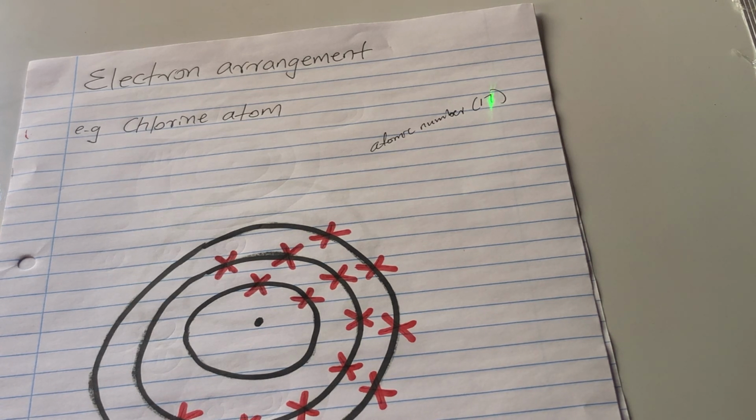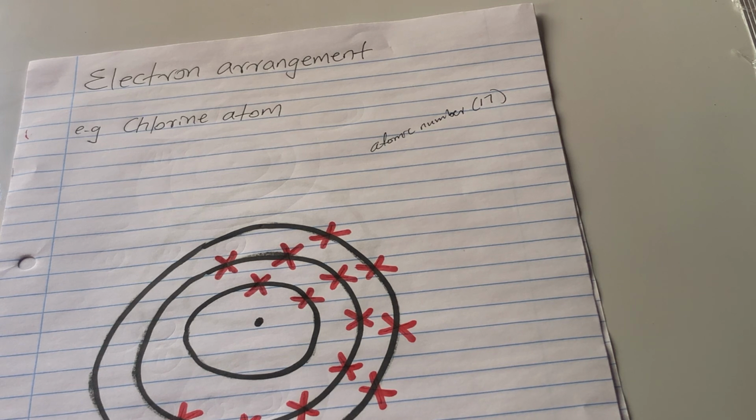If you have 17 and you have already used 10, you are left with 7. The remaining 7 will be put in the third shell: 1, 2, 3, 4, 5, 6, 7. We know that this shell requires 8 electrons to be filled, but now it contains only 7.